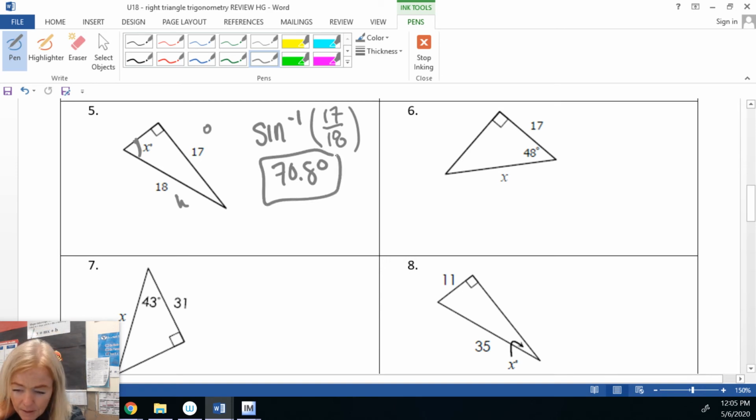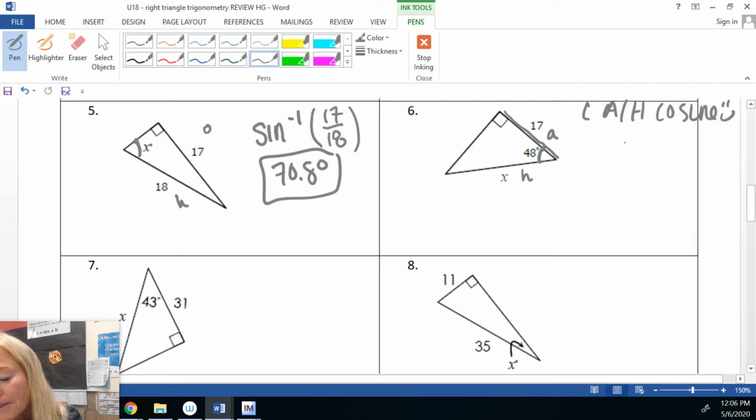Okay. Next one, we have this angle here. Labeling sides, hypotenuse, and this side runs right into the angle, so it's adjacent. That's CAH, which is cosine. So cosine 48 is adjacent over hypotenuse, 17 over x. Now we solve for x, and x is in the denominator, so we switch the cosine with the x.